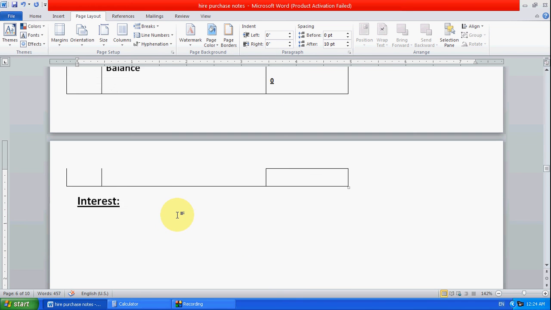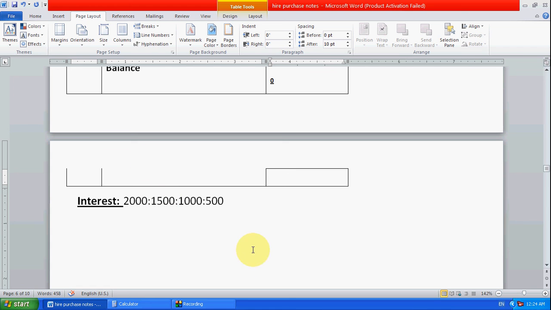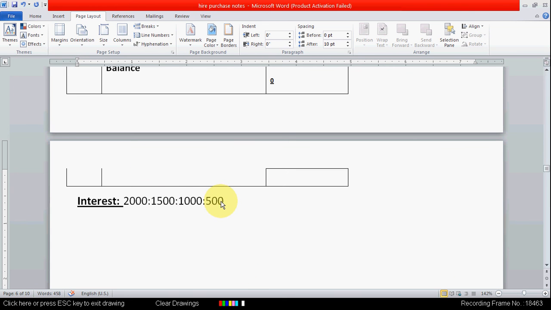So take 2000, 1500, 1000, 500. We can remove the common zeros, so it becomes 20, 15, 10 and 5.